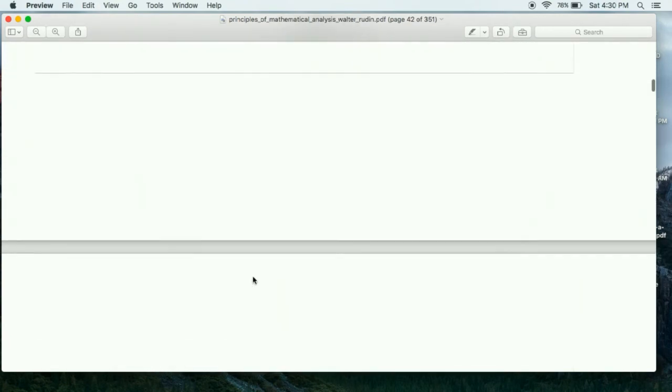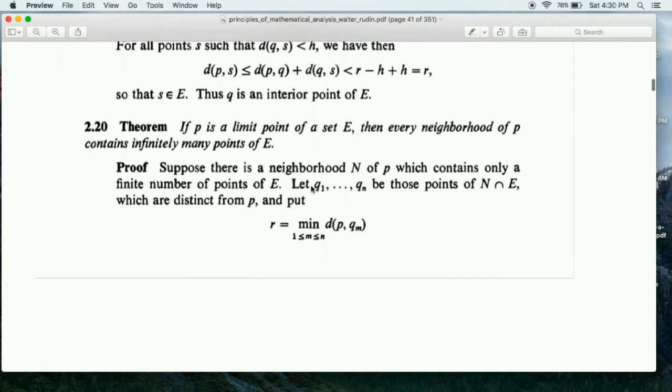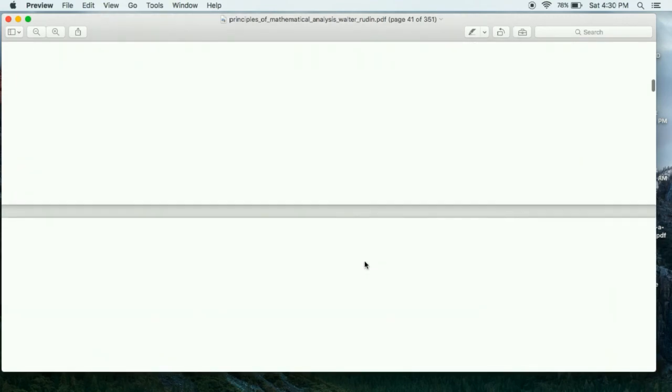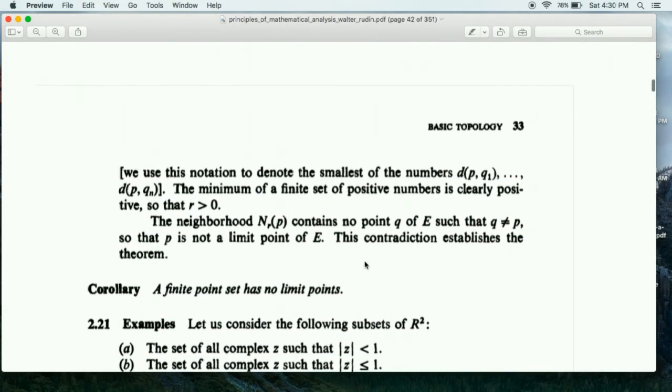So if we take a smaller neighborhood with radius less than the distance of the nearest point from P, then that neighborhood will not contain anything of E other than maybe P. So that only has a trivial intersection.